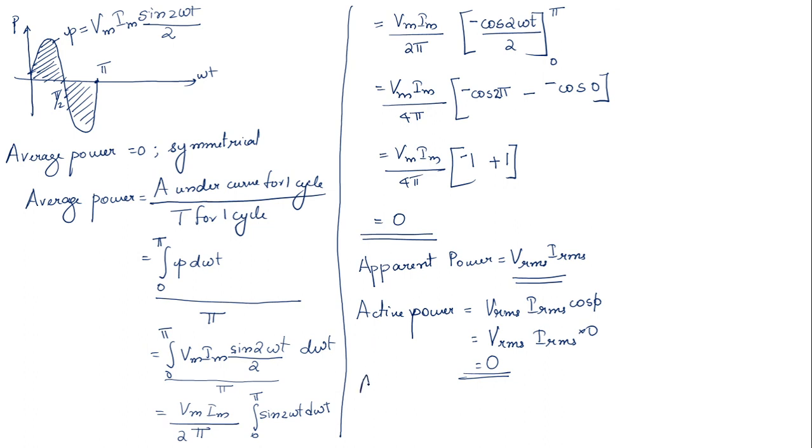Then the last one is reactive power. Reactive power is equal to Vrms Irms sin phi, where the sin phi value here is 1, because sine of plus pi by 2 is equal to 1. So substituting these, we get the answer as Vrms into Irms.